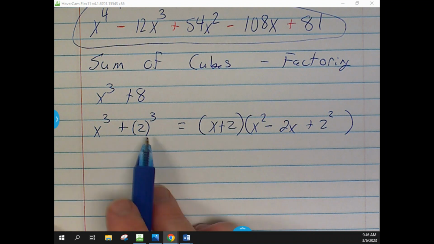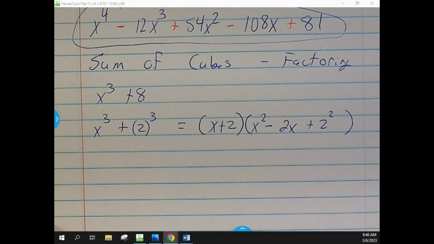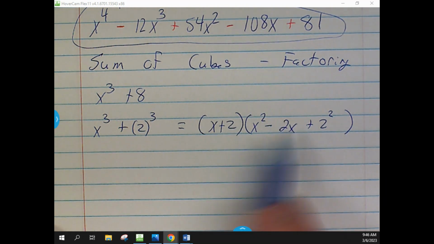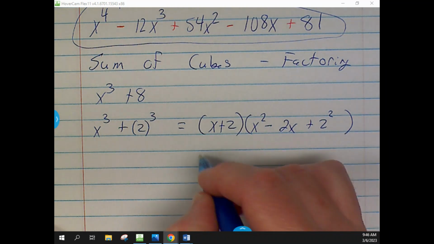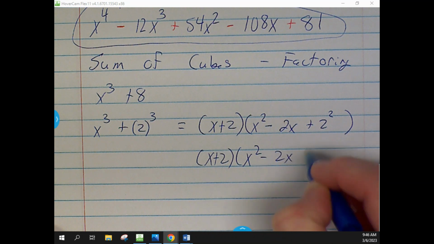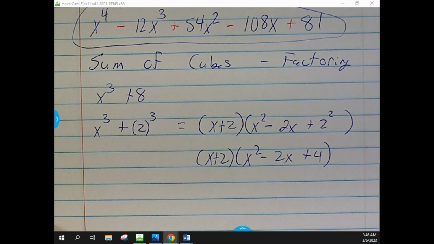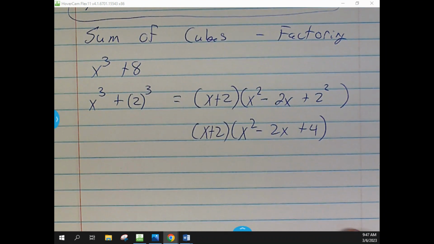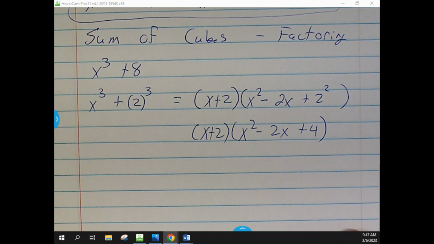So whatever the two numbers are with the same sign here without the cubes, and then it's the first thing squared, these two things multiplied together, and then the last thing squared. And with that last thing being a number, you can just go ahead and do 2 squared and make it 4. Okay, and it seems like you can do more to it than that, but that's all that you can do for those.